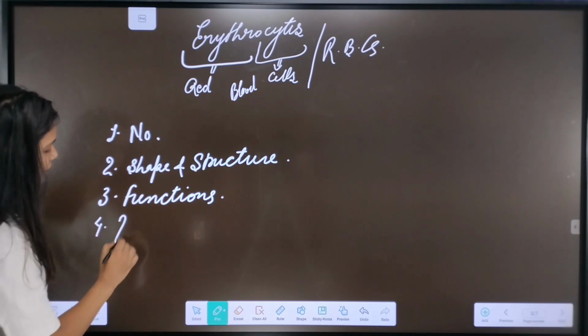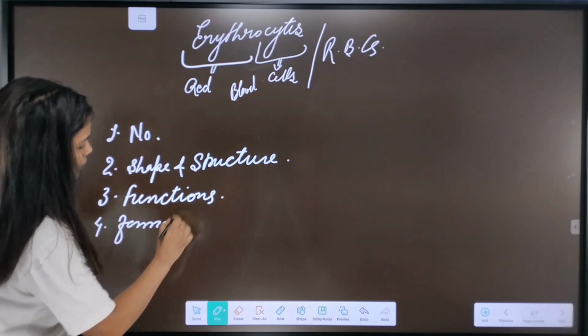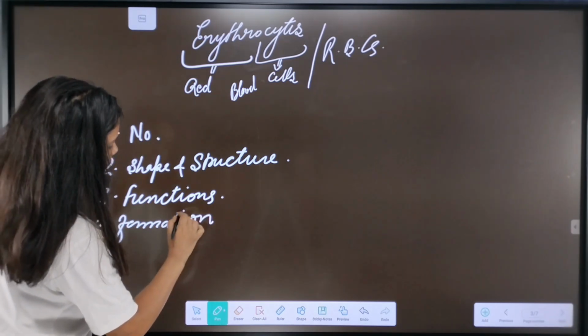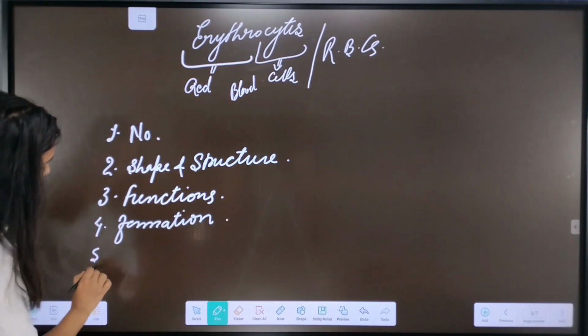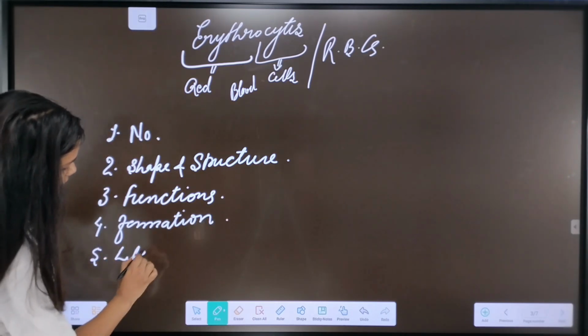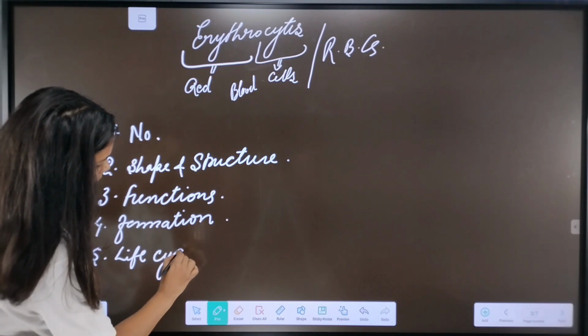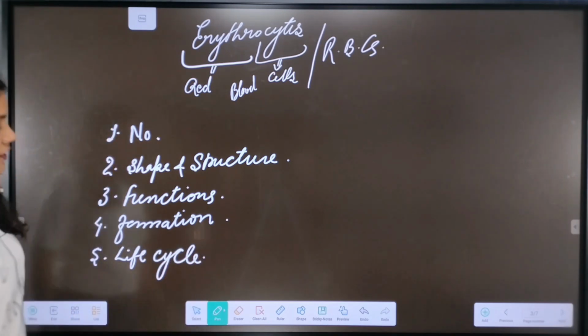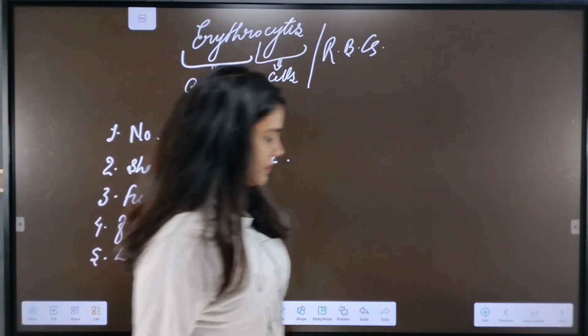Next, about their formation. Next, about their life cycle. So let's start first with their numbers.